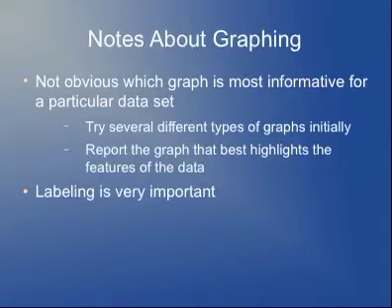And particularly if you plan to publish your graph, or for that matter, if you plan to turn it in for a homework assignment, have the graders understand what you're doing, labeling the graph is important.